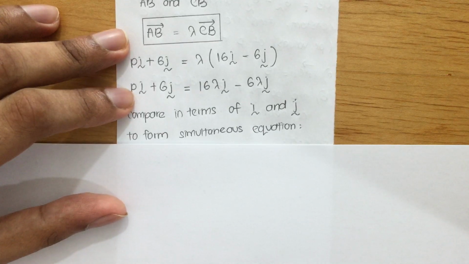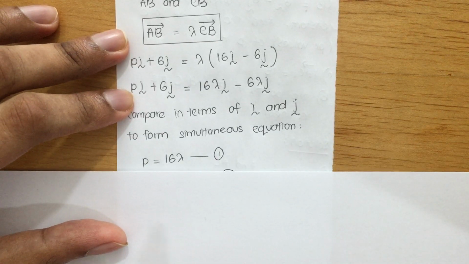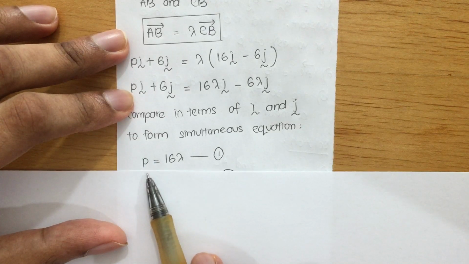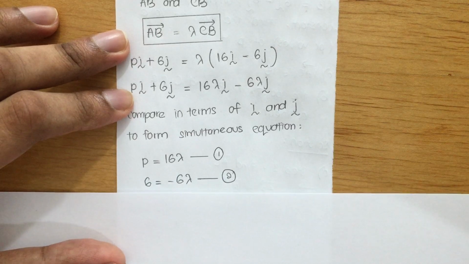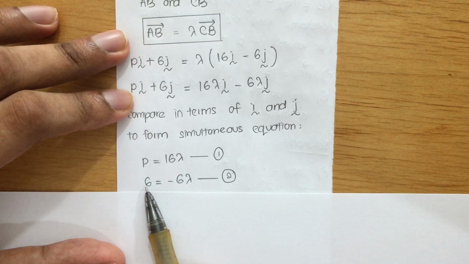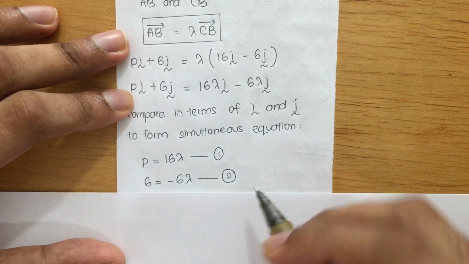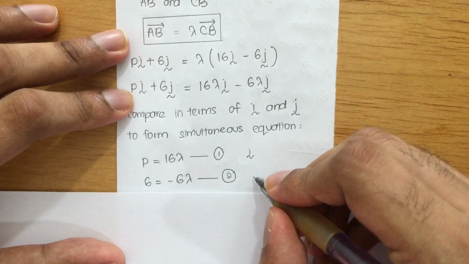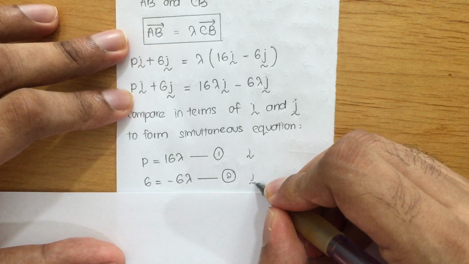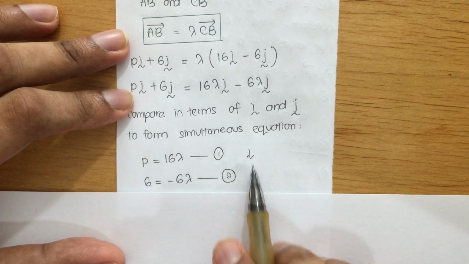Okay, so let us continue. In terms of component i, you can see here p equals 16 lambda. So this is your first equation. And in terms of j, as you can see here, 6 equals negative 6 lambda. So this is in terms of component i, and this is in terms of component j.